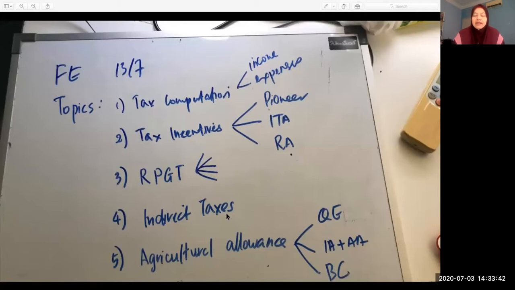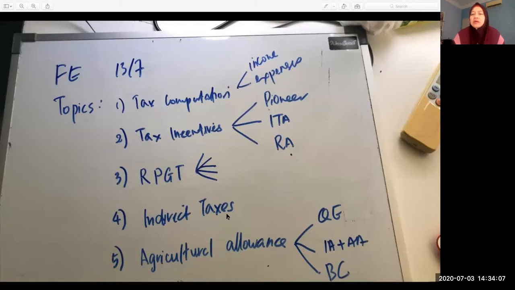That means starting from section 4A, adjusted income, statutory income, your loss brought forward, and then you add your other income from section 4C, 4D. Then you have your aggregate income, minus your current year loss, minus your approved donation, and remember that is restricted to 10%.